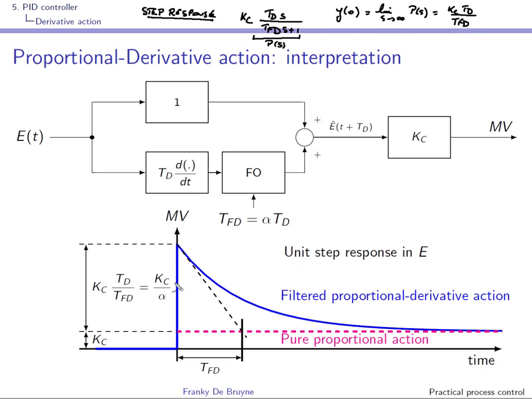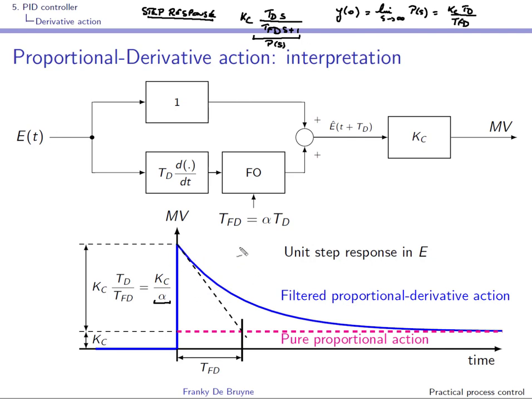And this is indeed the peak, the derivative kick. It will have amplitude Kc Td over Tfd, and if you write Tfd, the time constant of this filter, as alpha Td, this is what you obtain, right? And you can see that if you choose alpha equal to 0.1, you will have a derivative kick that is 10 times higher than the proportional kick. So alpha equal to 0.1 is really a bit too small.